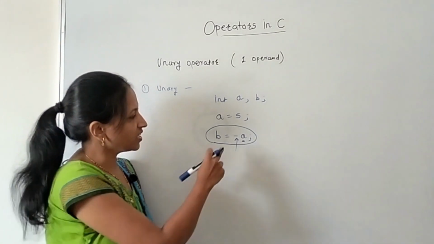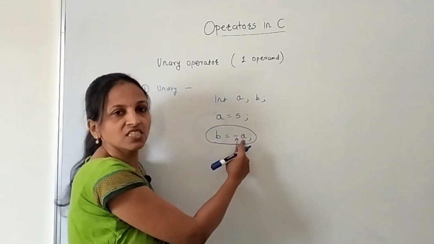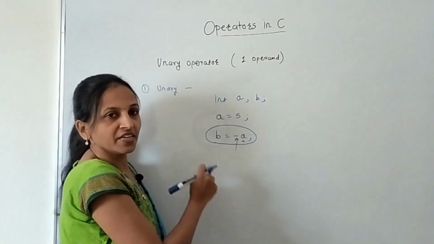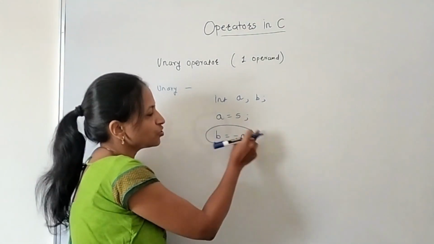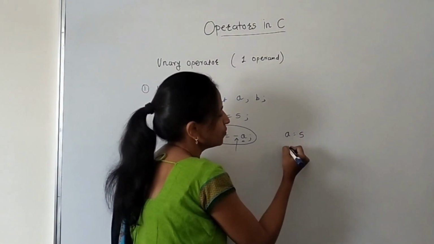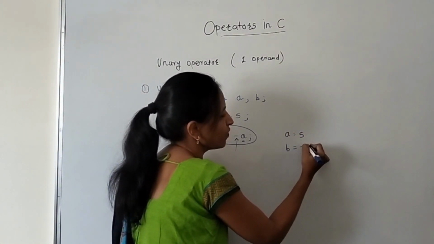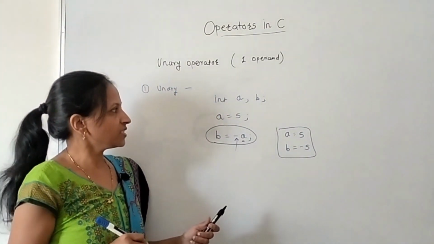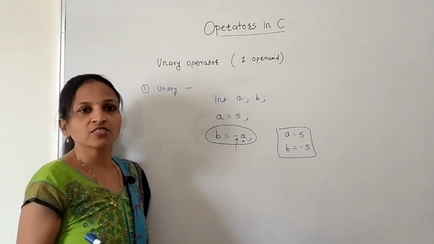In this way, minus is acting on a single operand a. This is nothing but unary minus. After execution of this statement, a will have the value 5 and b will have the value minus 5.